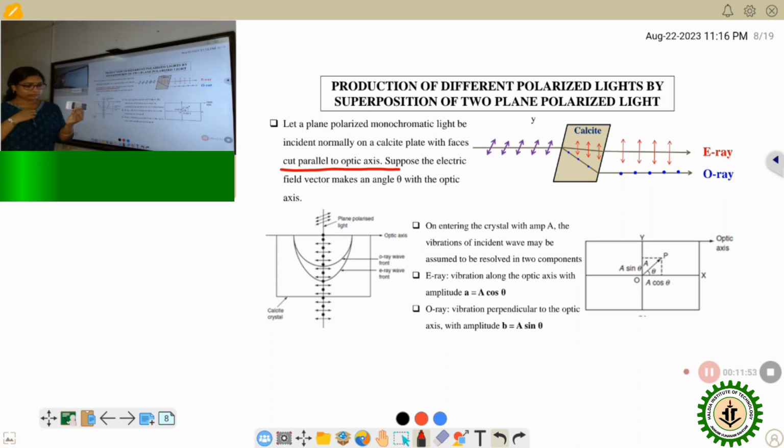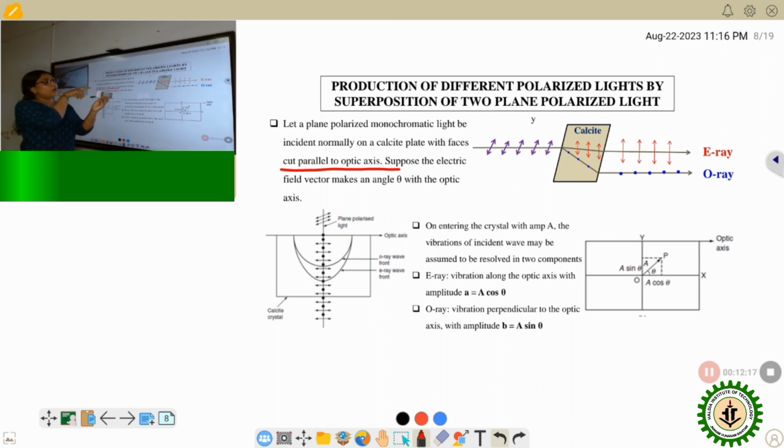Now, let this be our incident ray. Incident ray is falling on the calcite crystal, where the optic axis is parallel to the refracting surface. This is the optic axis. It is parallel to the refracting surface of the crystal, and light is incident like this.